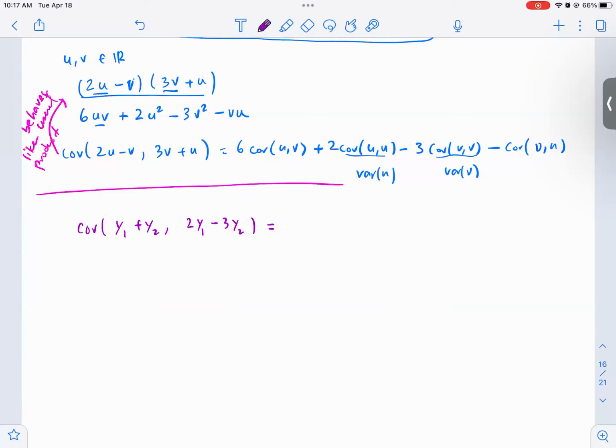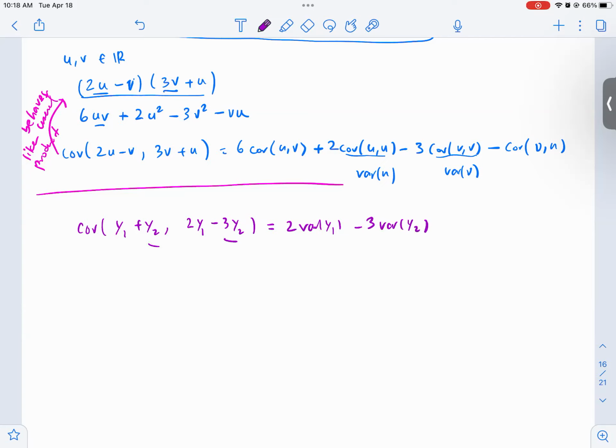Just using this technique, bilinearity of covariance. Yes, just the way you just did that one. Can you do it? You get 2 variance of y1, plus, so this times that basically, minus 3 variance of y2 when you multiply the last two. So you're doing this, minus 3 variance of y2.